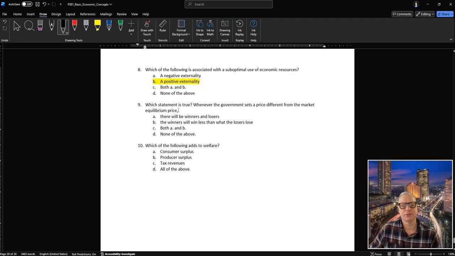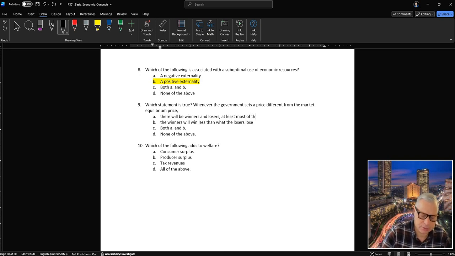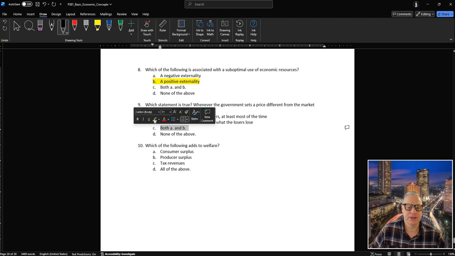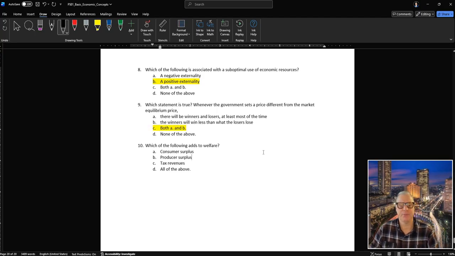So maybe I should say at least most of the time. There will be winners, but what we have seen is whenever there's a deadweight loss, the winners win less than what the losers lose. So in this case it's both A and B. With this modification it makes it clear.